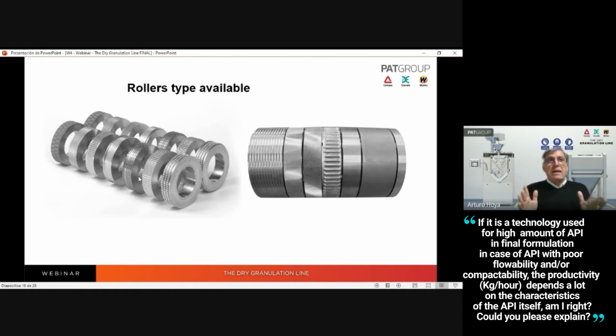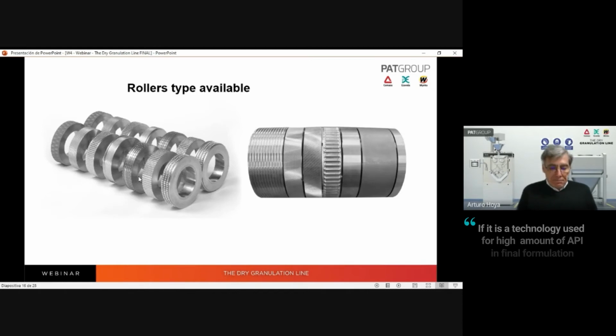But in the case of compactability, if the API is mainly plastic, in this case probably you have problem in the reworkability in the second tableting, because in the first compaction, the powder lost compactability by deformation.